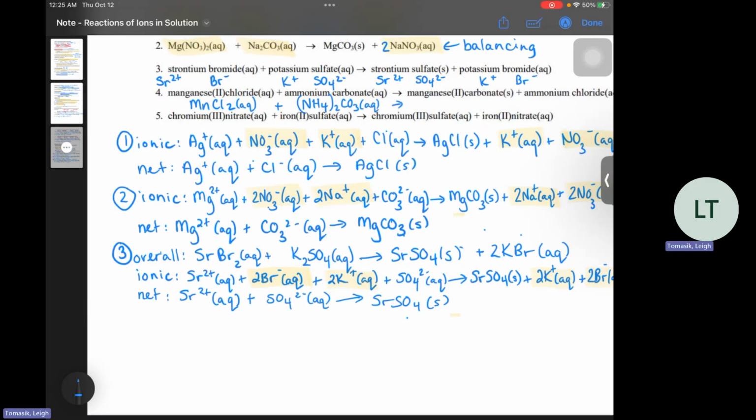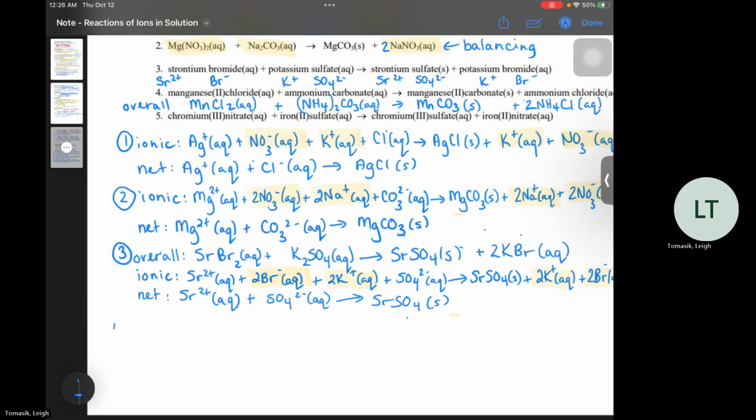Arrow, manganese 2 carbonate, which is solid. So these both have a charge of 2. So this is just going to be MnCO3. And this last one will be NH4Cl. And it's going to be aqueous. So, looking at my balancing, I'm going to need a 2 here. Okay, so this is the overall.